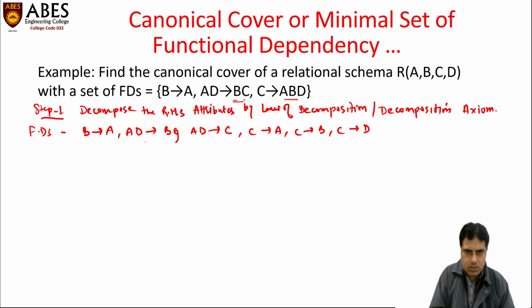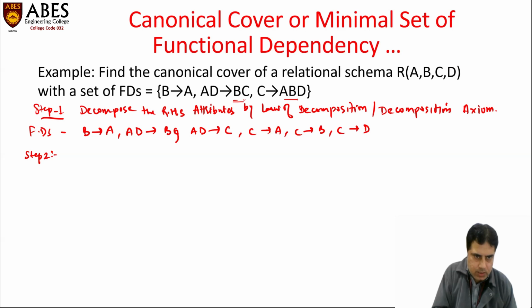The first step is we have to decompose the right hand side attributes by the law of decomposition, as we have already studied. Now, step 2. In the next step, we have to remove the redundant functional dependencies.